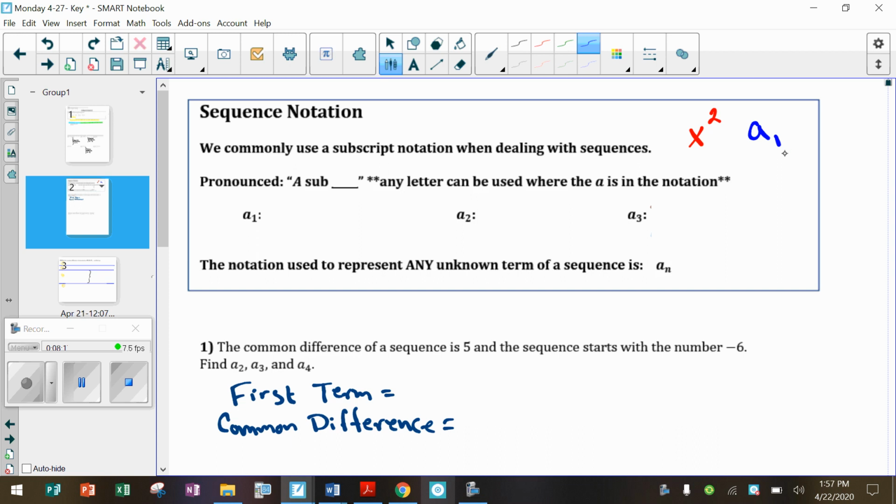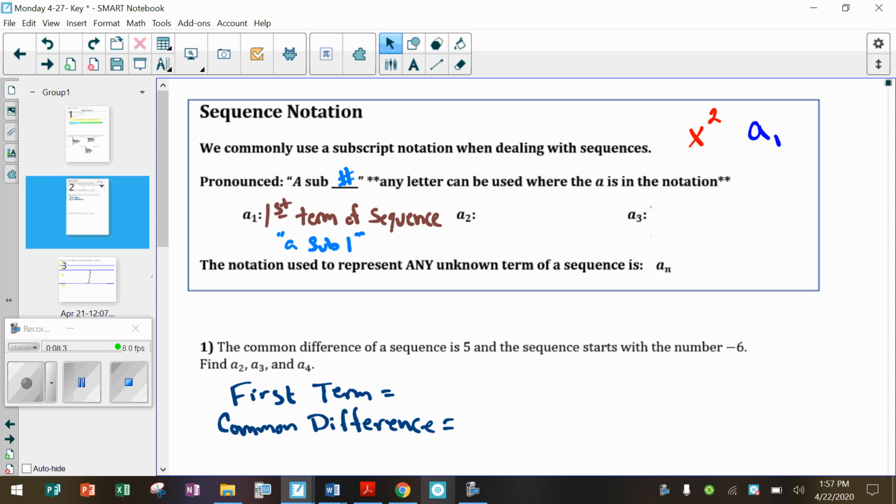So the 1 is a subscript. When you see a sub 1, that's how we pronounce it: A sub, and then whichever number it is. We can use any letter we want instead of A. A just represents the term. So A sub 1 represents the first term in our sequence.